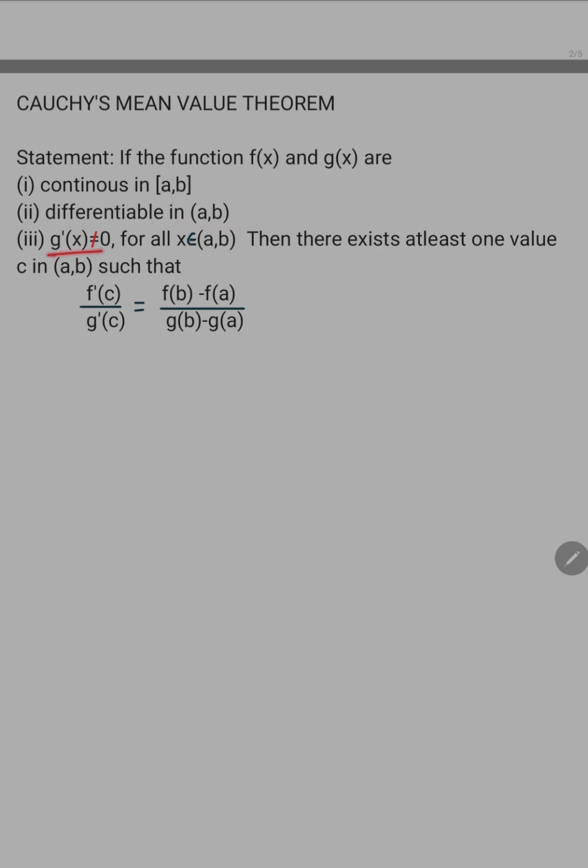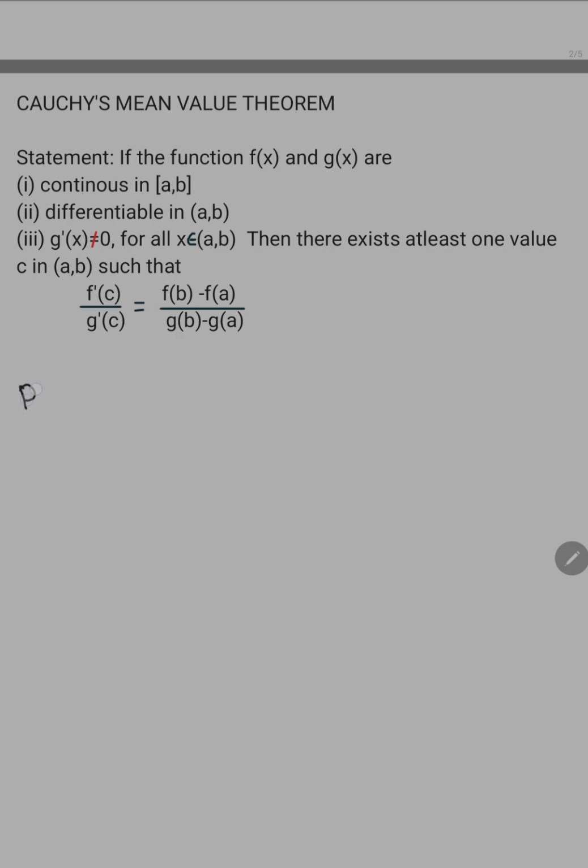The third condition is g dash of x is not equal to 0 for x belonging to a comma b. Then there exists a value c such that f dash of c divided by g dash of c equals f of b minus f of a divided by g of b minus g of a.